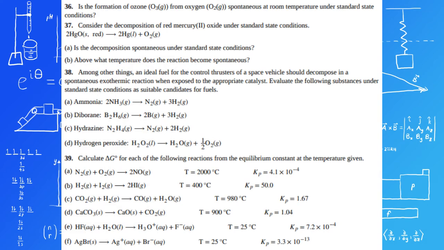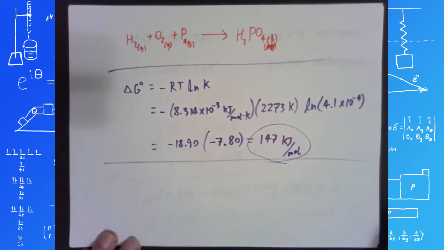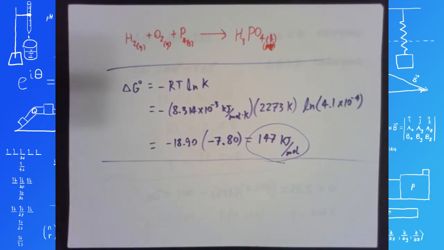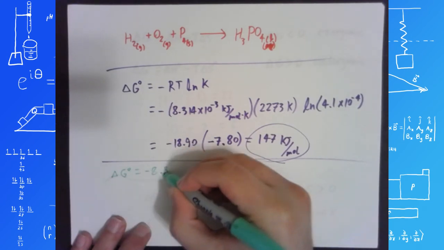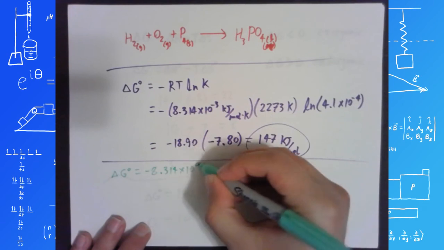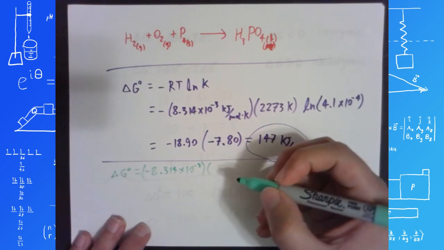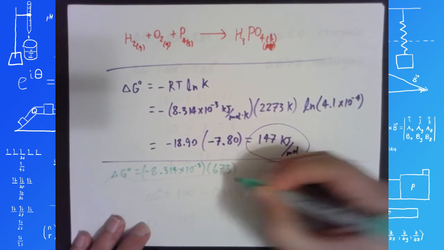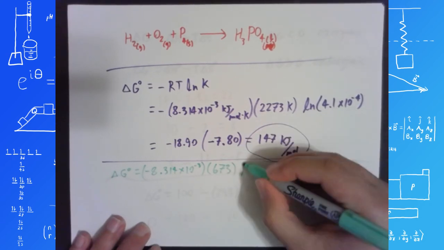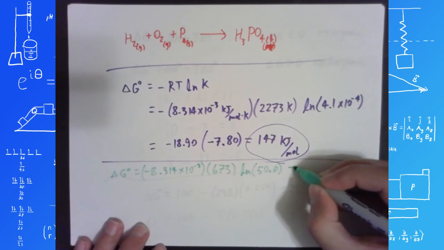Next one, pretty much the same thing. T is 400, Kp is 50. So delta G standard equals negative 8.314 times 10 to the negative 3, times, they said the temperature was 400 Celsius, so that's 673 in kelvins, times natural log of 50.0. What will that be?